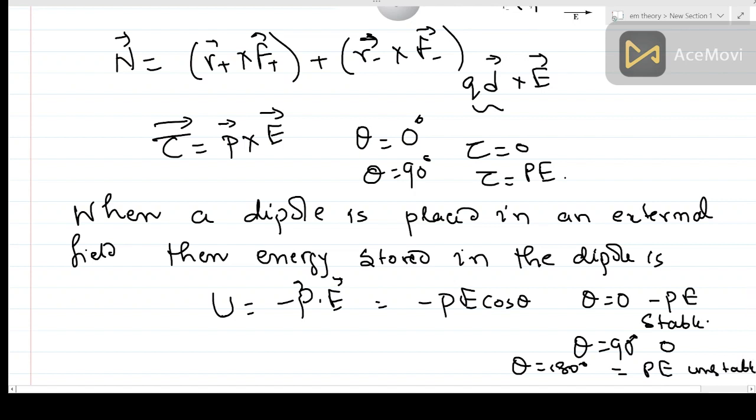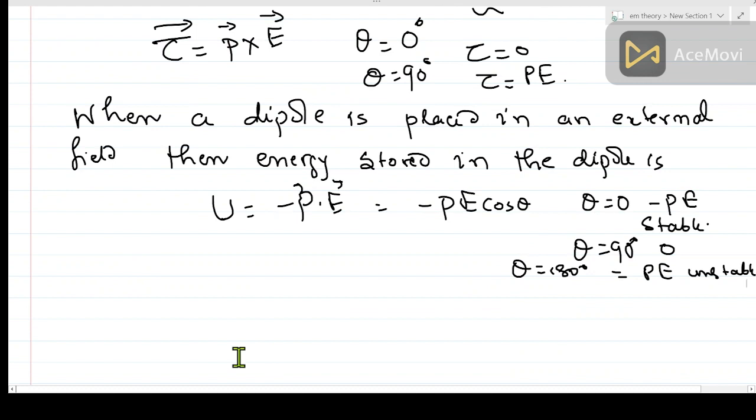The dipole automatically tries to go to the minimum energy state, since any system tries to stay in the minimum energy state for stability. So what happens in a microwave?